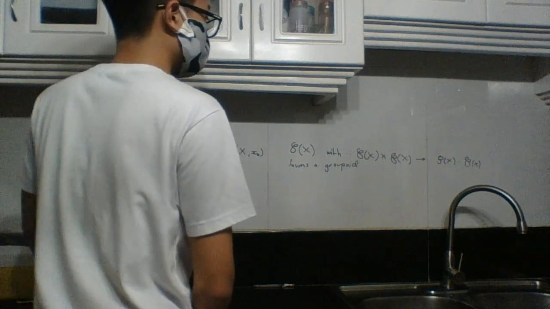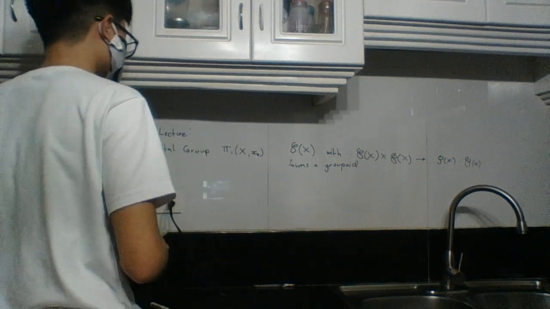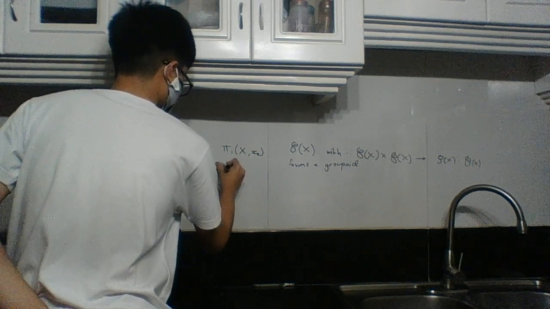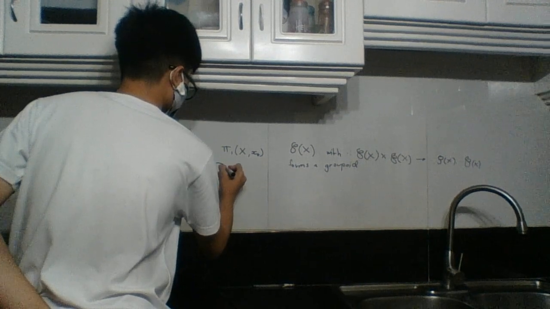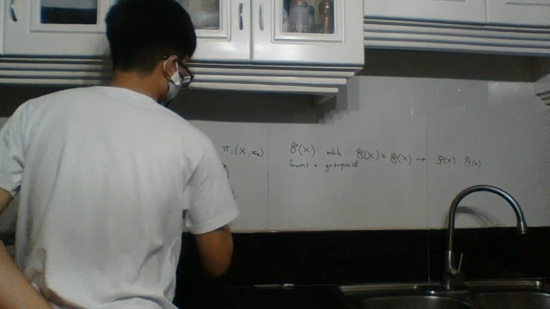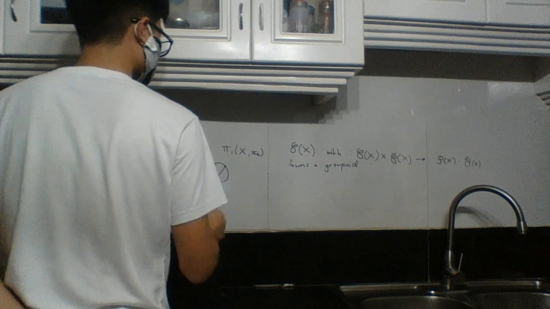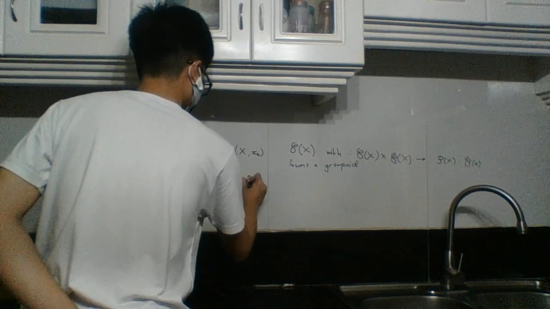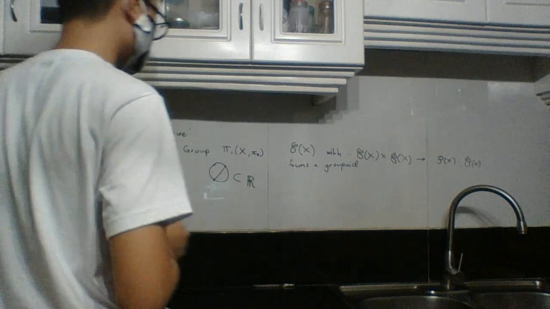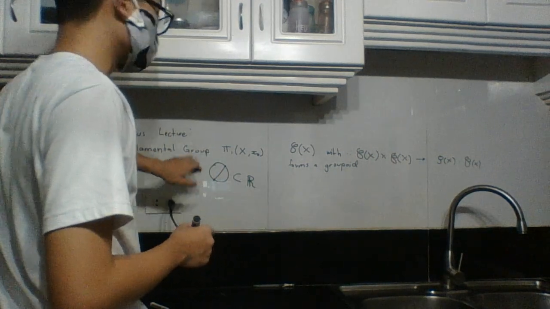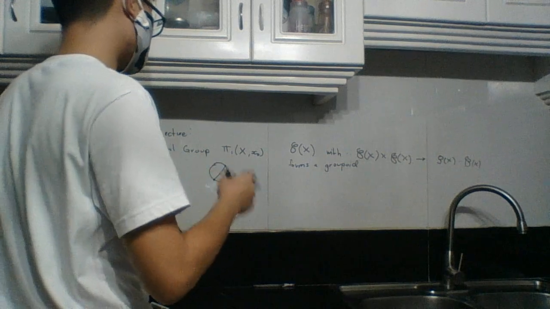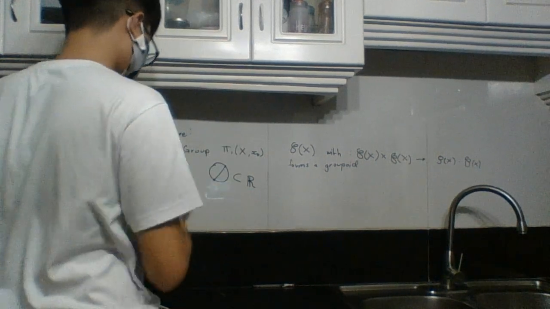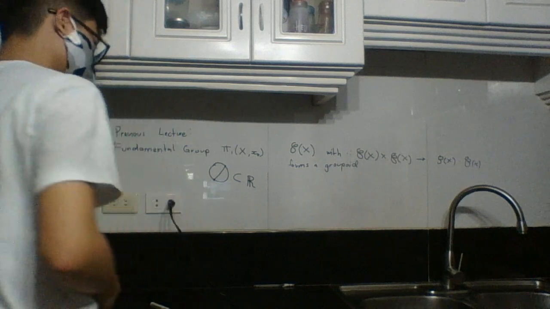So a convex subset, such as a circle, you notice that if we connect two points along its boundary, or along it, not really its boundary, but along it, they stay within the set. So this is convex, and this is also a subset of R, if the values that x, y in this circle take on are real valued. So in this case, this has a fundamental group of 0.